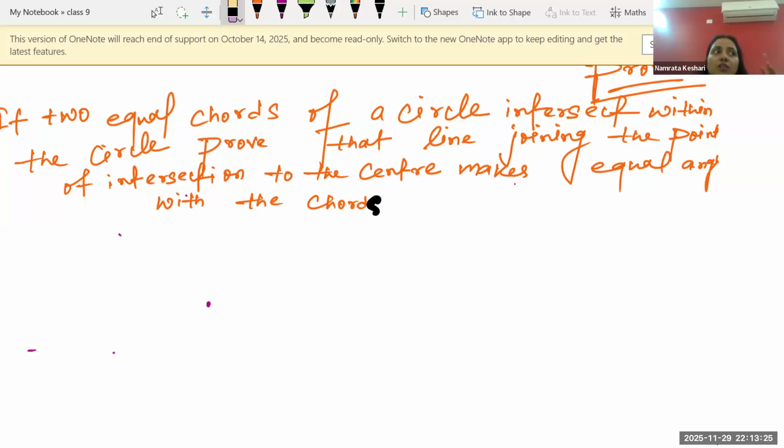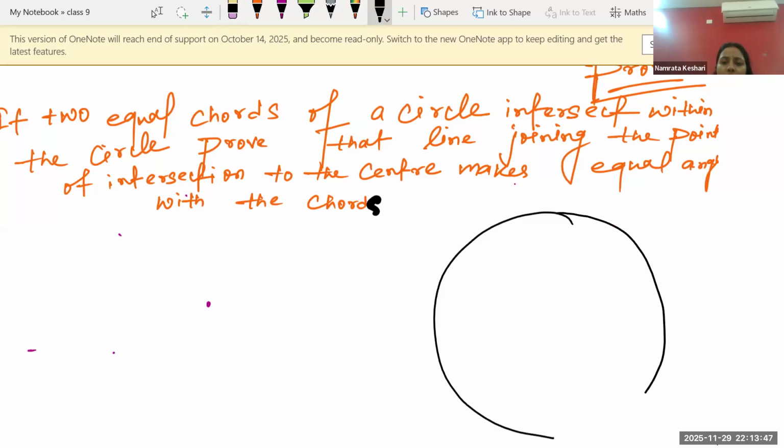Sometimes students come with extra questions, and if I read like this, I don't get anything. So what I do, and what you have to do: if two equal chords of a circle, a circle is there and two chords are there which are equal. That much data we have in our mind, and that is clear.